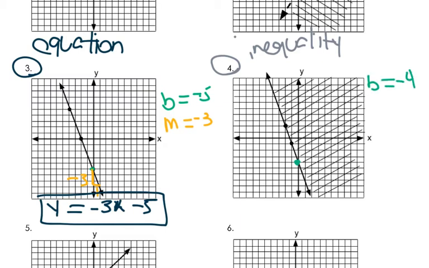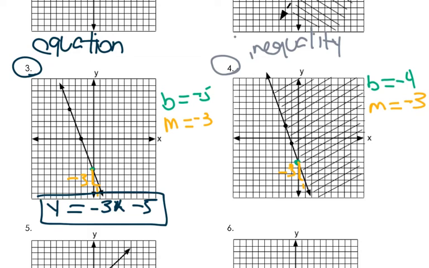Okay, and how did it move to the right? Let's see, how did it go to the next point? 1, 2, 3, and over 1. So again, down 3, so it's -3 over 1. So my slope again is -3. Remember, I'm not including the over 1 because that's a whole number.